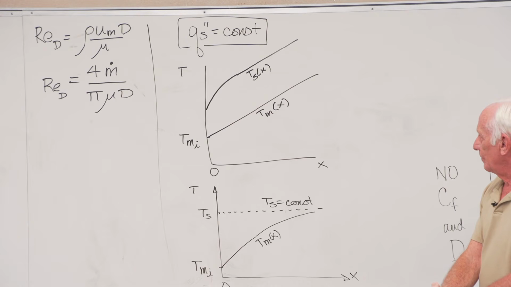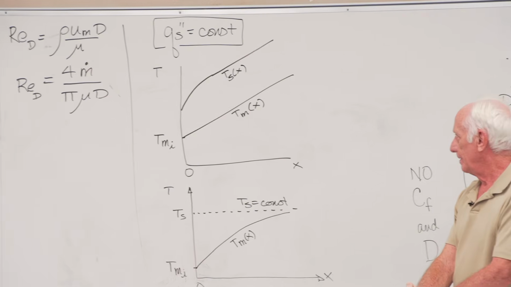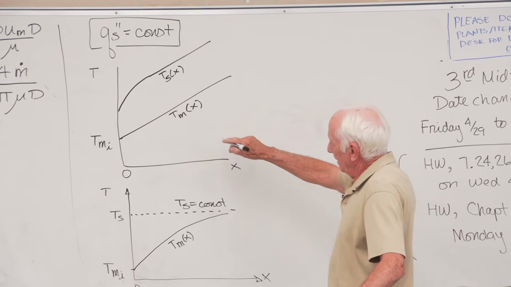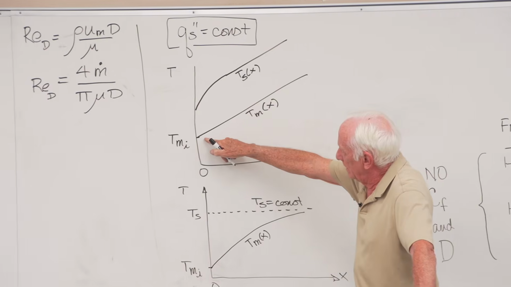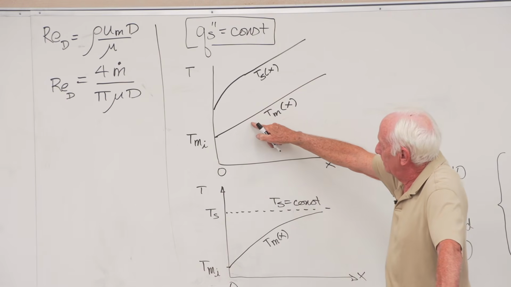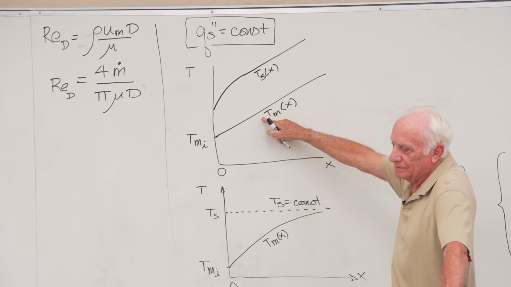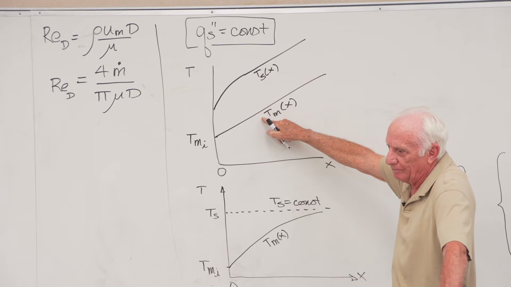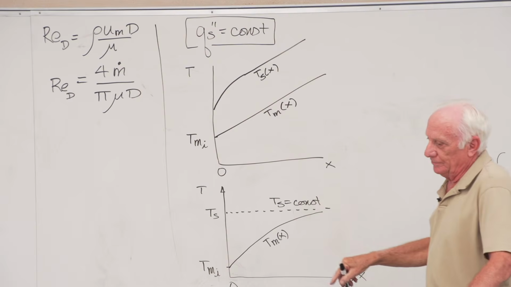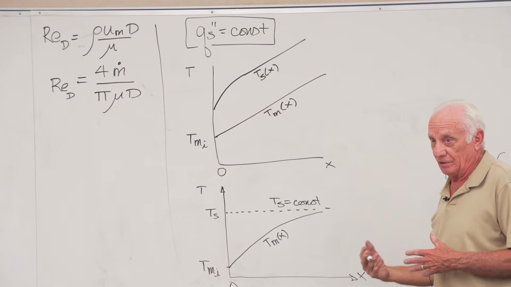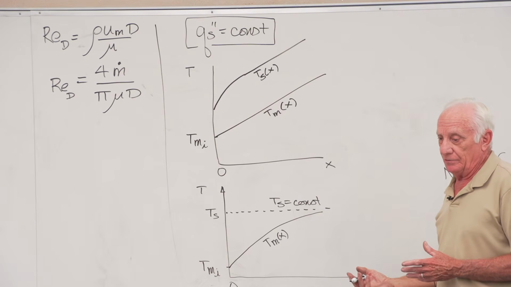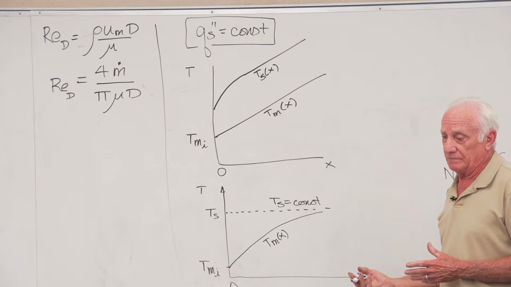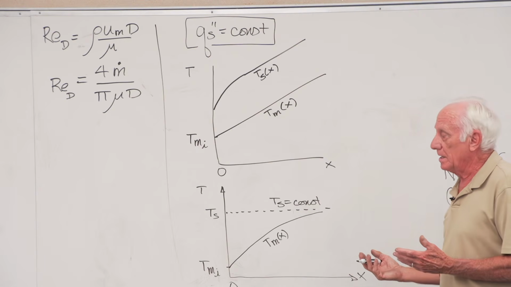So you've got to be a little bit careful here. If you have a fluid in here, as it goes along the tube, it keeps getting hotter and hotter until something bad may happen. You might have vaporization of the fluid in there. You may have an explosion of steam or fluid in there.